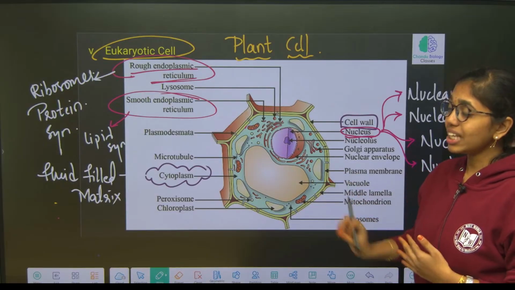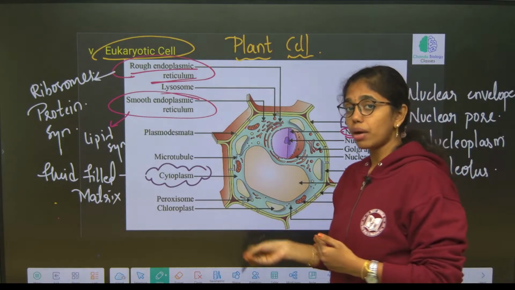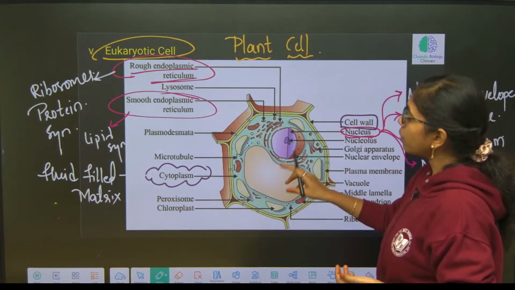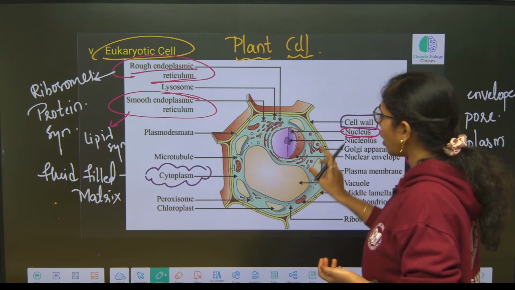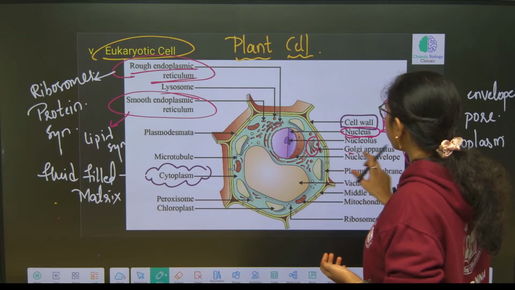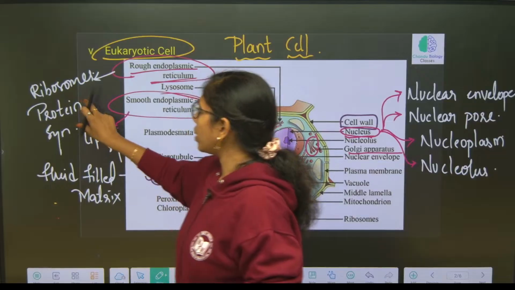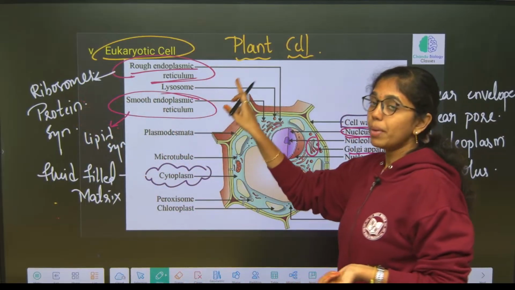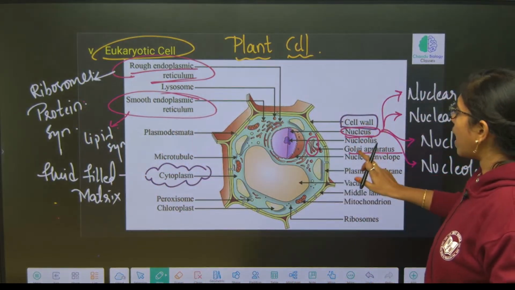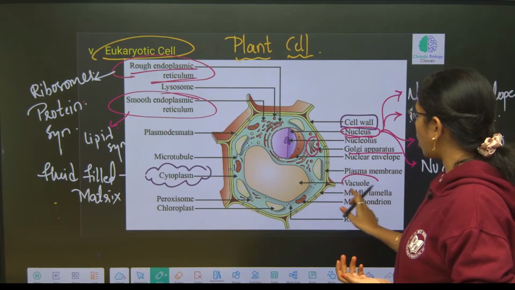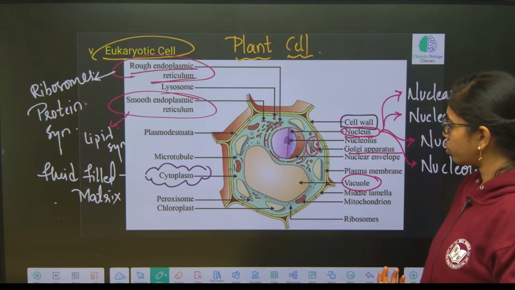And then among the single membrane bound organelles inside the cytoplasm of a plant cell, we can observe Golgi bodies, which are the sites for the modification of lipids and proteins that are synthesized from RER and SER. After Golgi bodies, we have the vacuole and lysosomes.